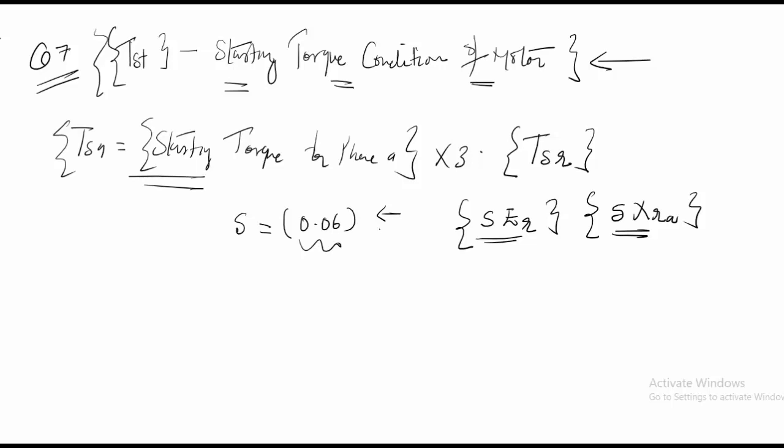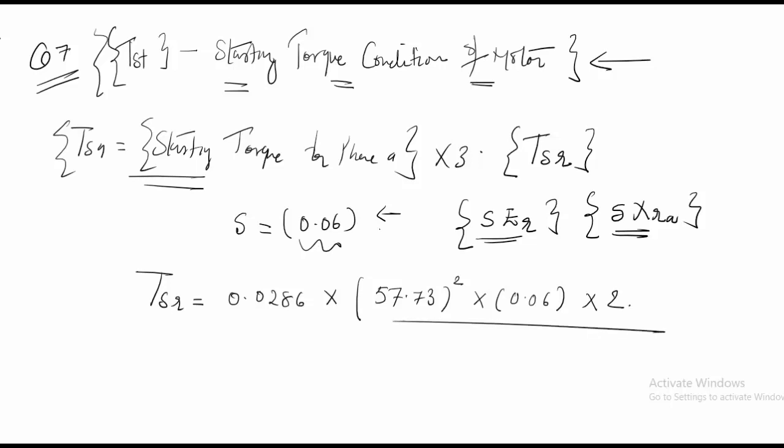So again my equation of the running torque TSR will be equal to 0.0286 into 57.73 whole square into my slip, which is 0.06, and since I am not adding any external resistance, it will be multiplied by 2, which is R, and your R square, which is 4, plus 0.06 into X, which is 4, whole square.